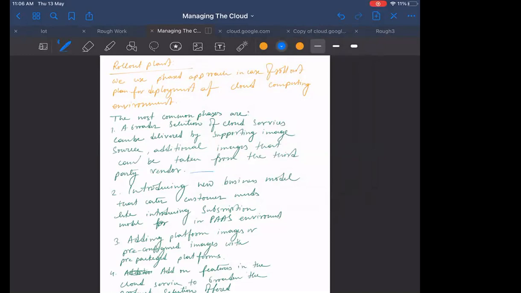I am talking about AWS Marketplace. In the AWS Marketplace, I have shown there are several third-party vendor provided image sources available. Have you seen those things or not? Hello, students.